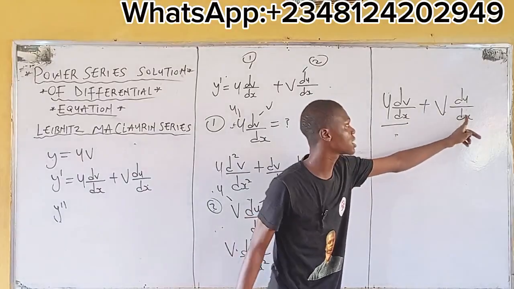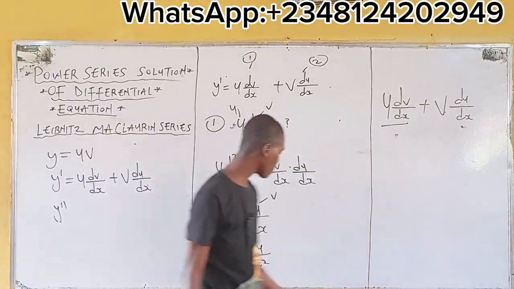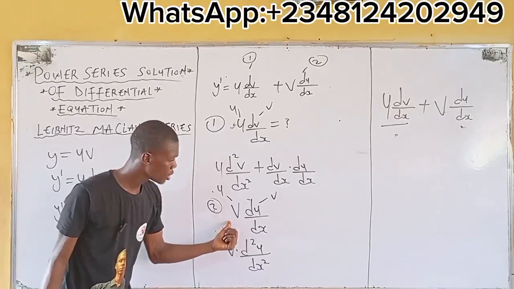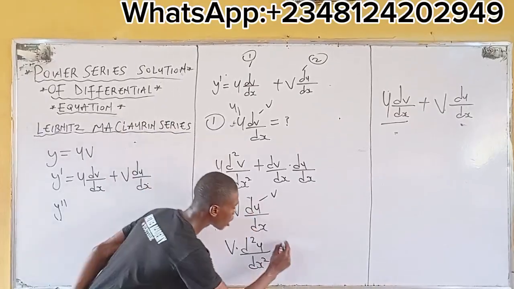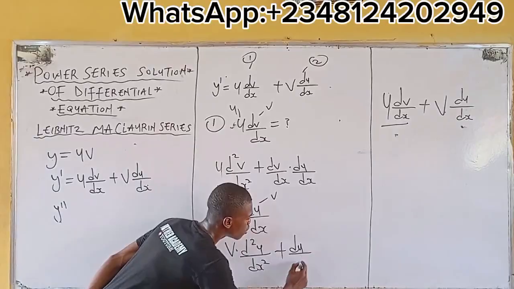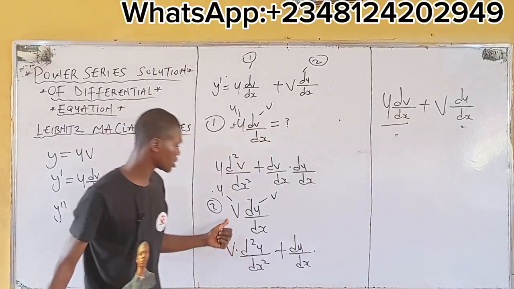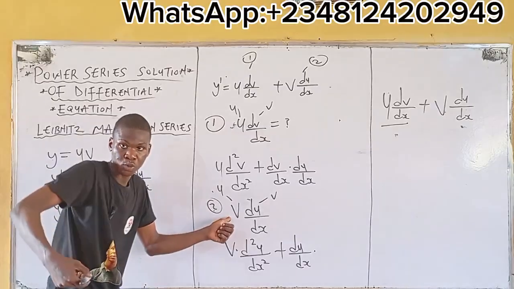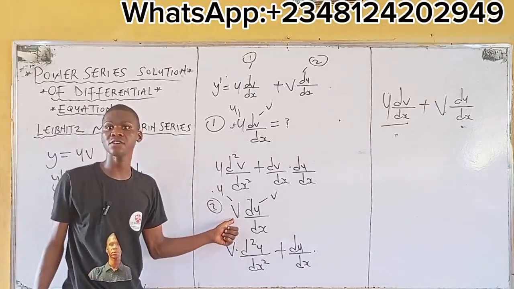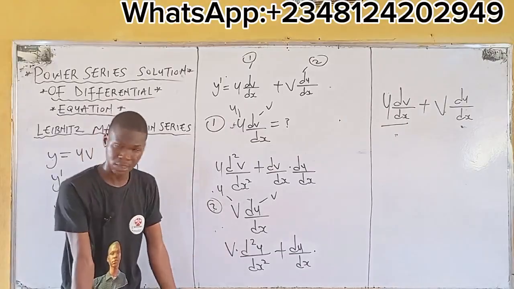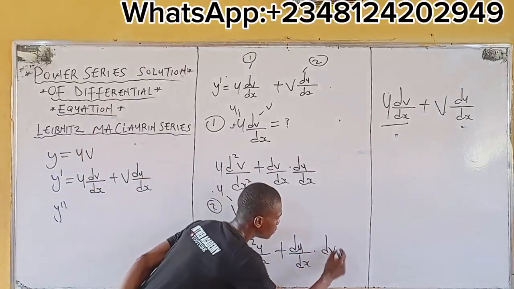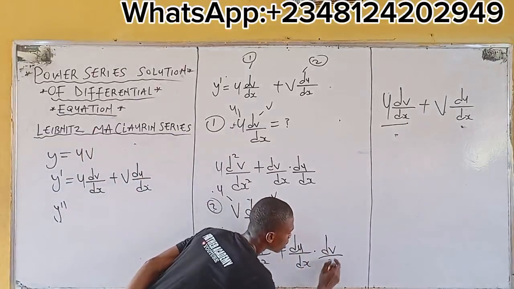Moving to the next one that says v du/dx. Come back to your function. What is your v? du/dx, meaning plus du over dx multiplying du/dx. If this is u, du/dx becomes the derivative of v. What is the derivative of v with respect to x? dv/dx multiplying dv over dx.